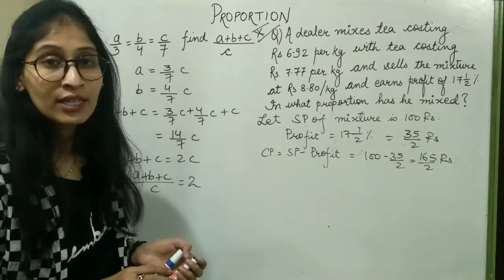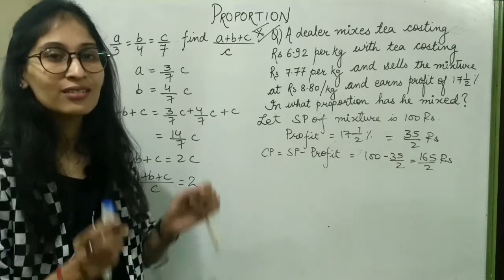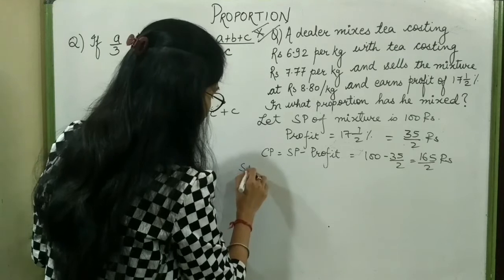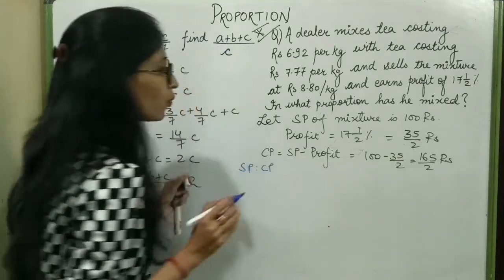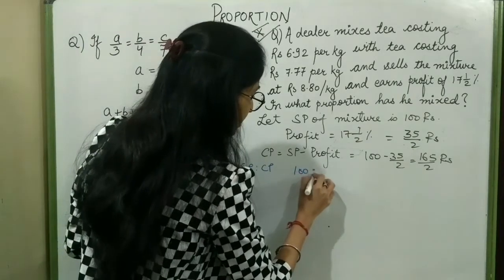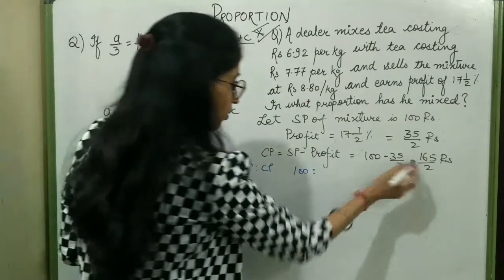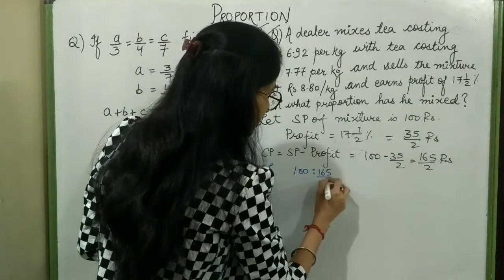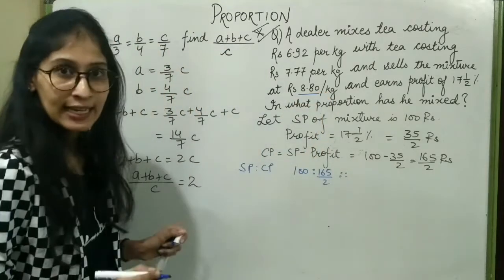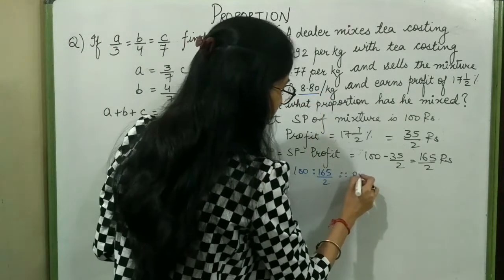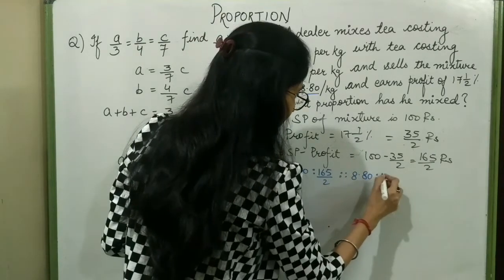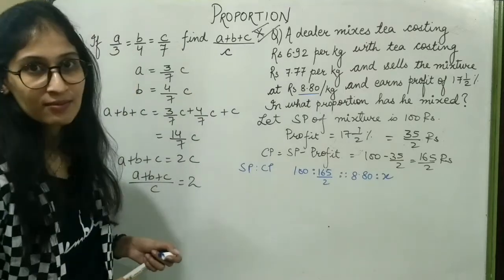Next, I am going to create a proportion between selling price and cost price. So, when the selling price of the mixture was 100 rupees, the cost price was 165 upon 2 rupees. So, when the selling price is 8.80, let us assume that the cost price is X rupees.